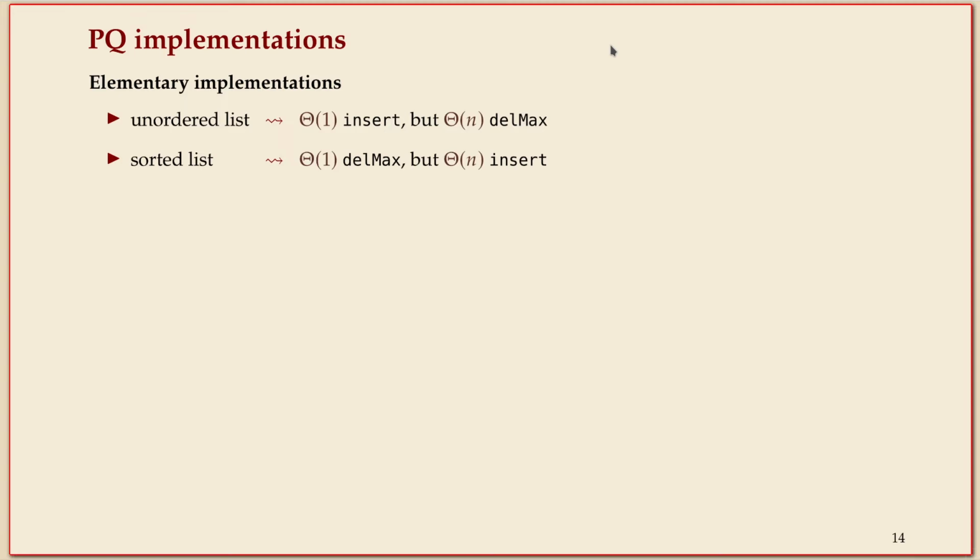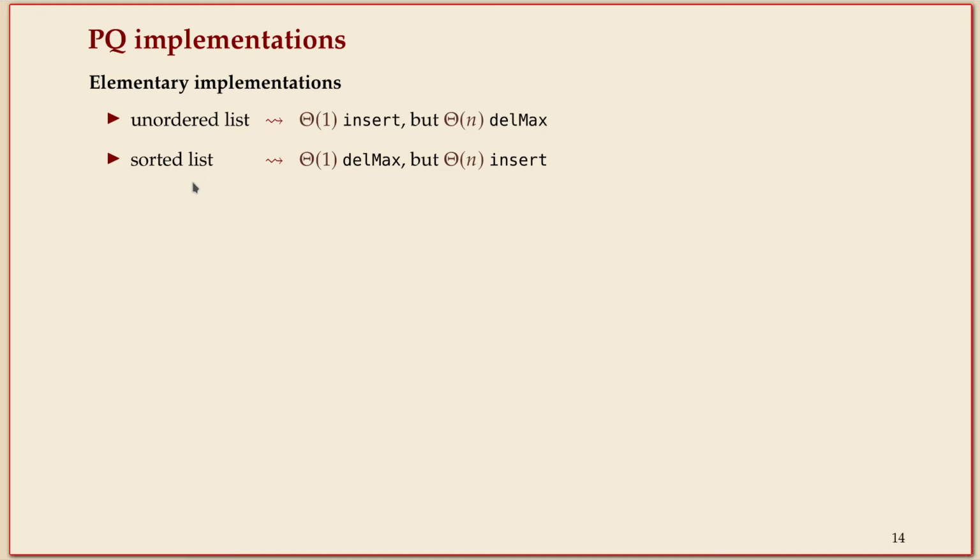Okay, so we defined an abstract data type. That is our wish list, what we would like to be able to do. Now, we should also think about how to realize that. Before we start with something more sophisticated, let's think about how far we can go with just the very simplest ideas. It doesn't take more than a few minutes to come up with these two ideas.